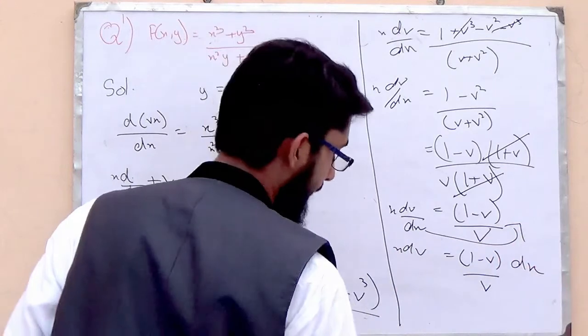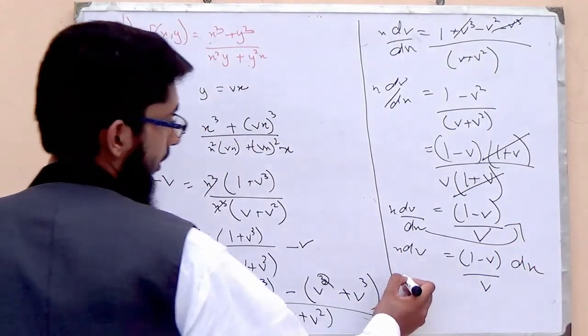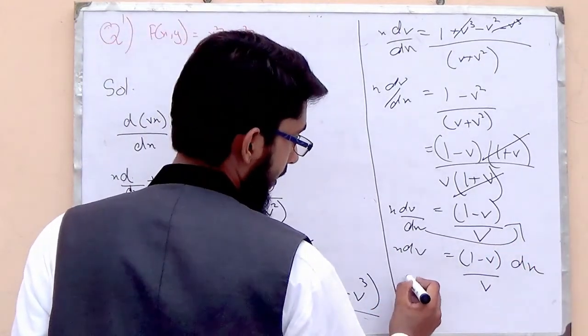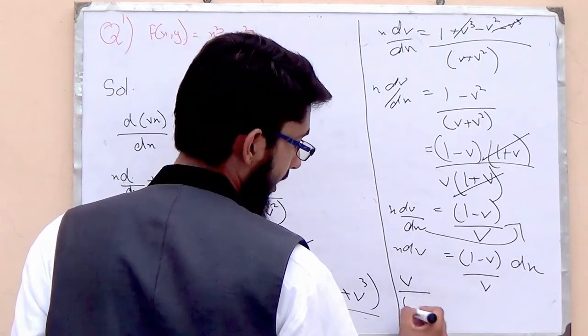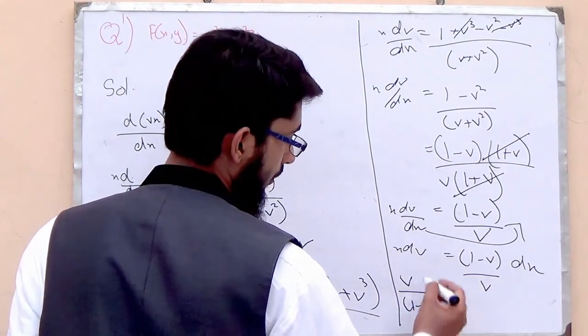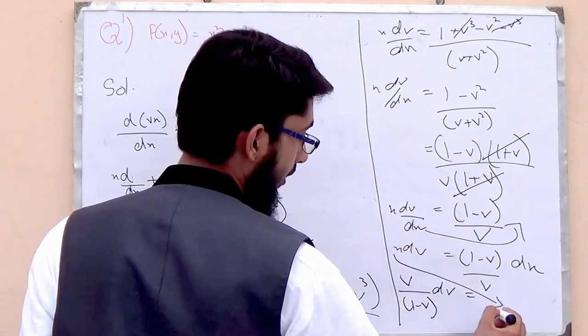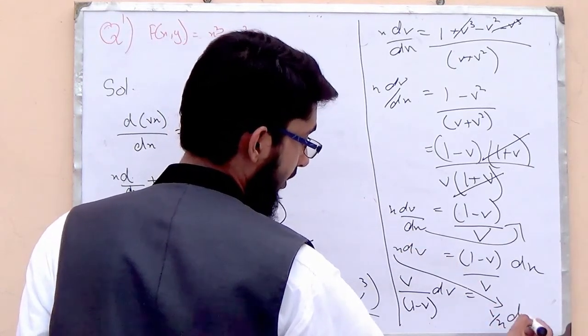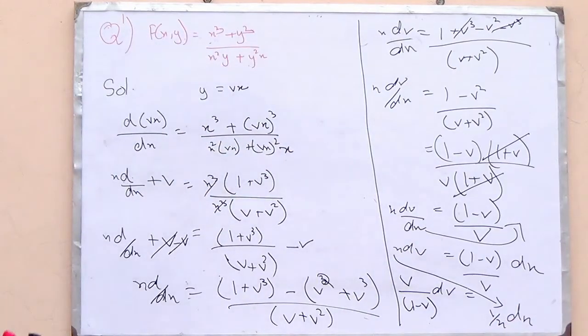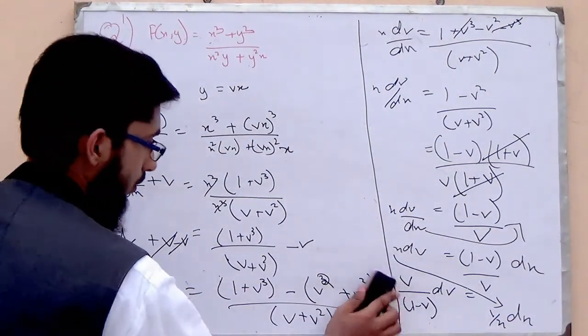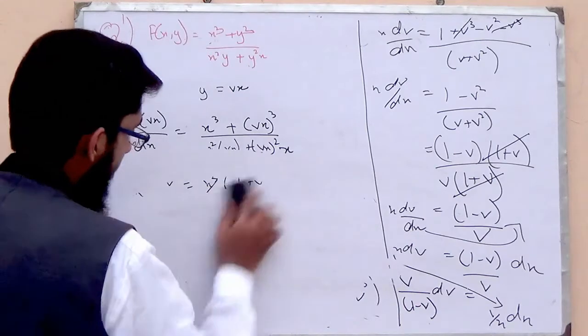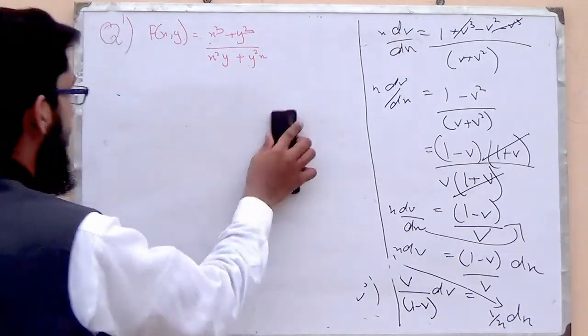so we will get dx here, then it will be v over v minus 1, and then it will be dv, and x will come there, it will be 1 over x dx. So in order to make it happen, I will have to remove it.